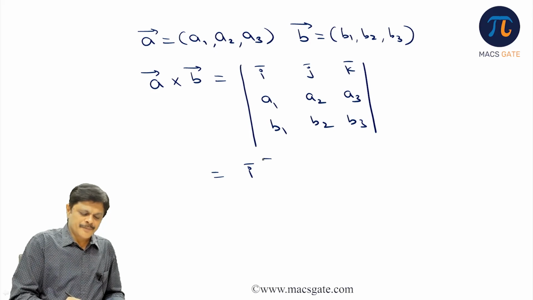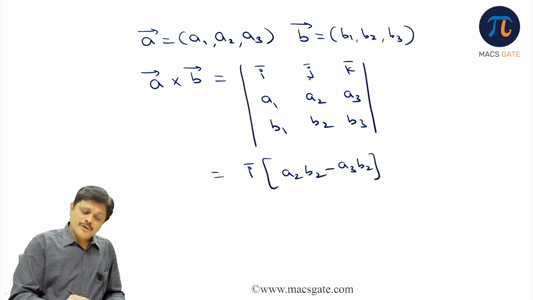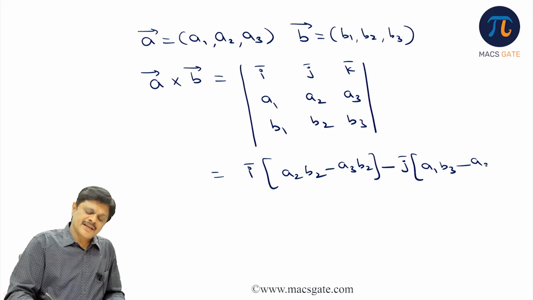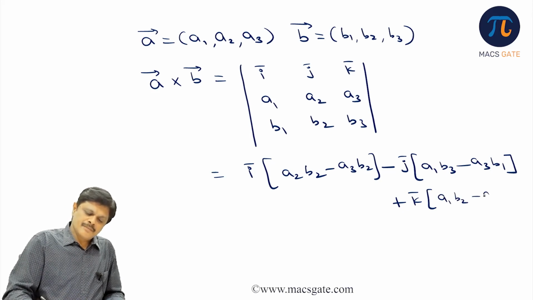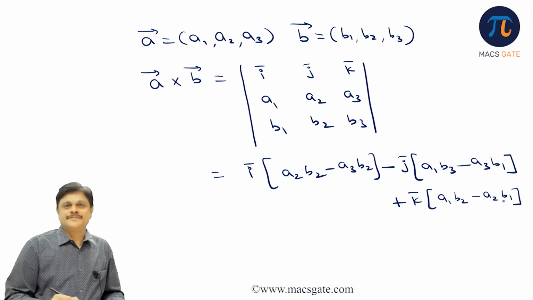First, i bar into A2 B3 minus A3 B2. Then for the 1, 2 element the cofactor will be minus, so minus j bar into, closing the column and row, A1 B3 minus A3 B1, plus k bar into A1 B2 minus A2 B1.